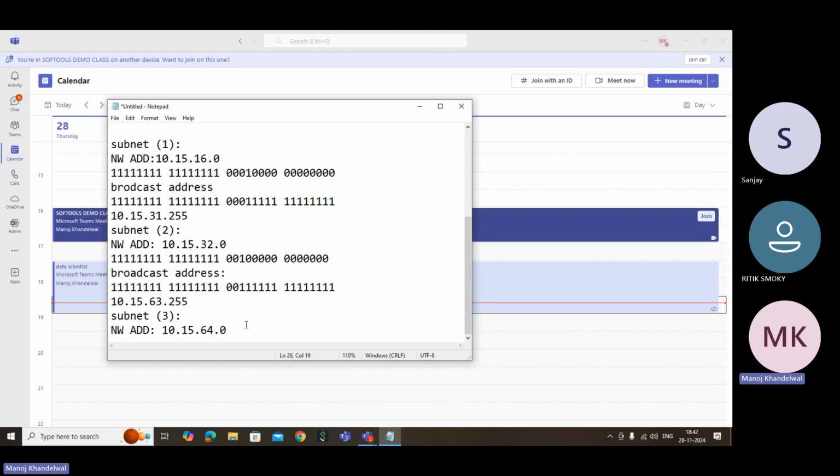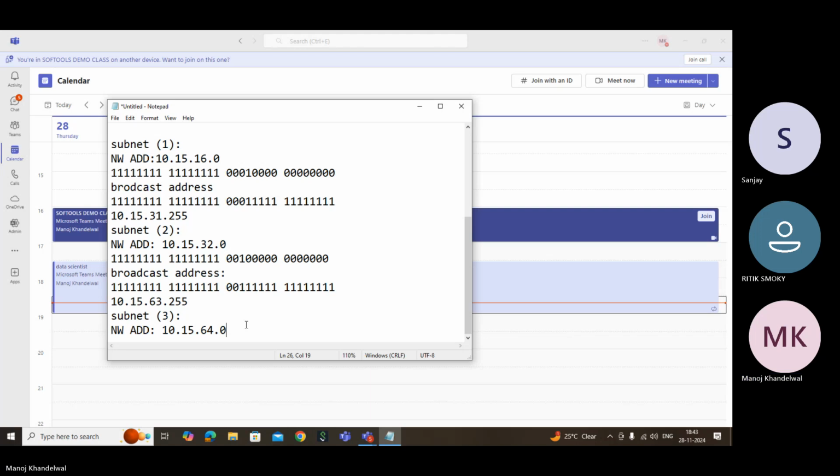You have to know what you want to solve or what you want to get, and the formula. The formula is clear for you: making the host part all zeros in order to get the network address, and making the host part all ones in the case that you want to get the broadcast address. That's it.